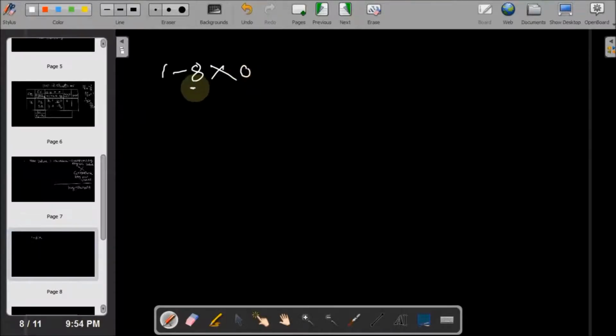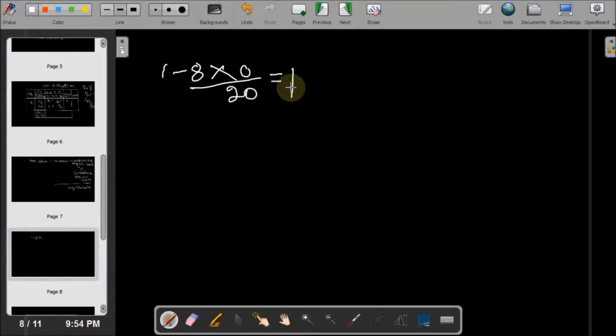What is the corresponding key element? 20. So what is the value? 1 minus 8 into 0 divided by 20. What is the value here? 1.